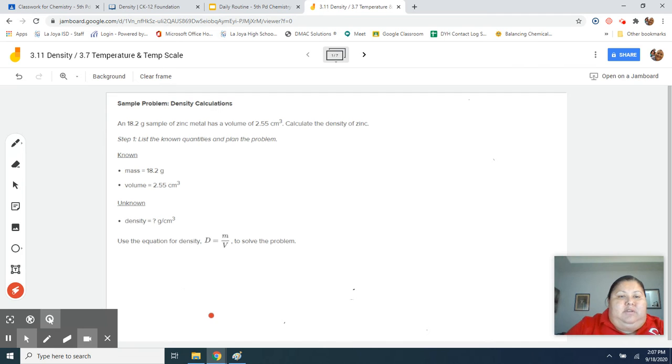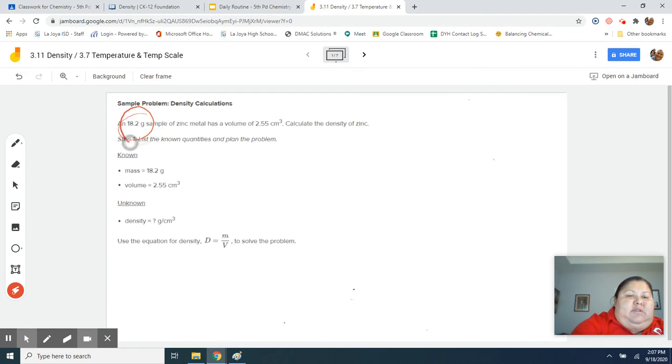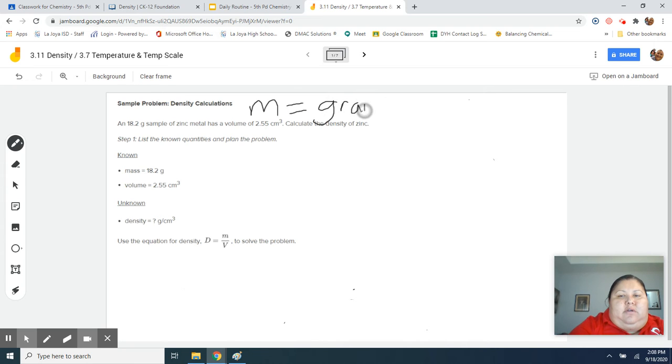What I would look at is the unit behind our numbers. For 18.2, we have grams. If you recall, the unit for mass is always grams.